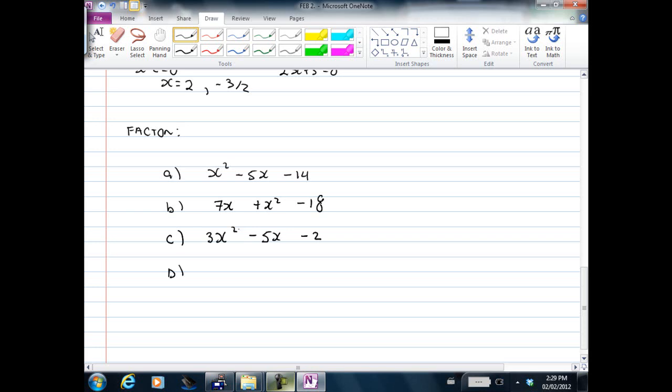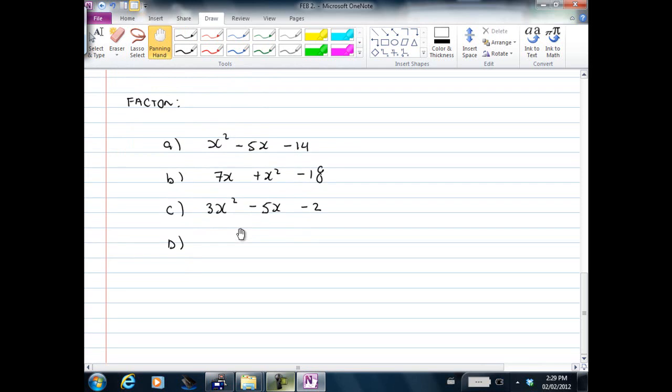D, the better you are at factoring, the easier this becomes. 5x squared plus 2x minus 3. Your job is to factor. I'm going to pause it.